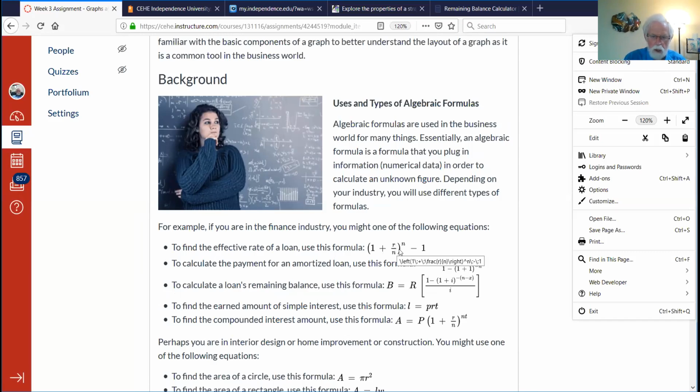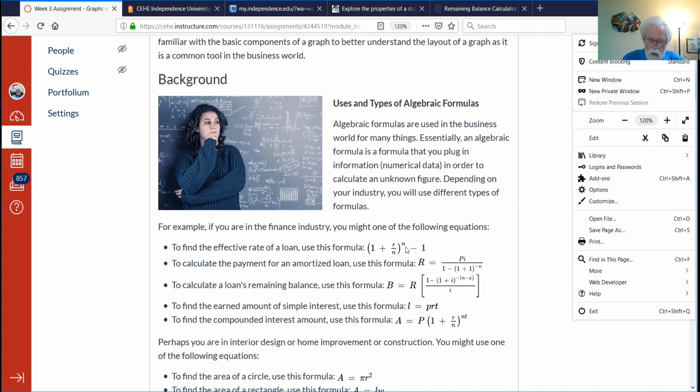So let's say you're taking out a 30-year loan at 5%, and you make monthly payments. So the amount of interest in any one year is 1, meaning the total, plus the rate, 0.05, divided by the number of payments, 12.